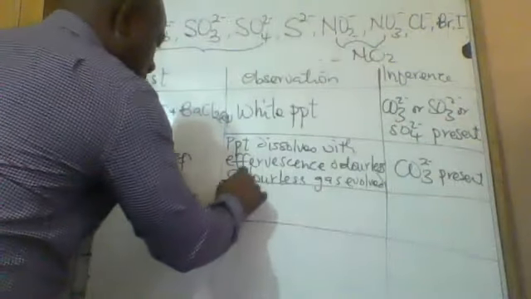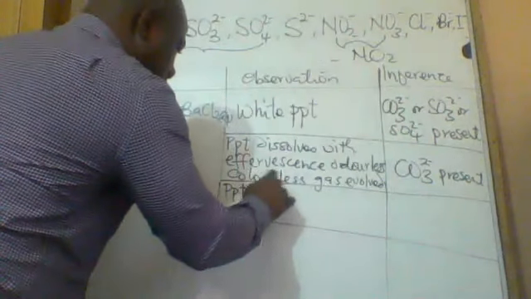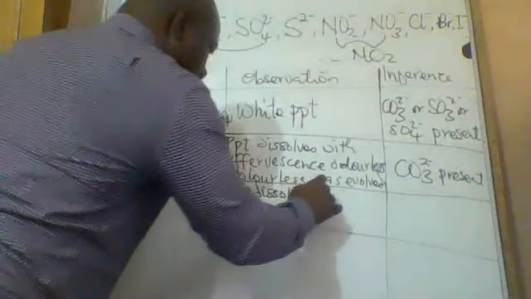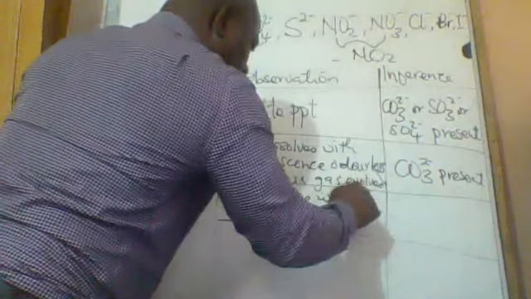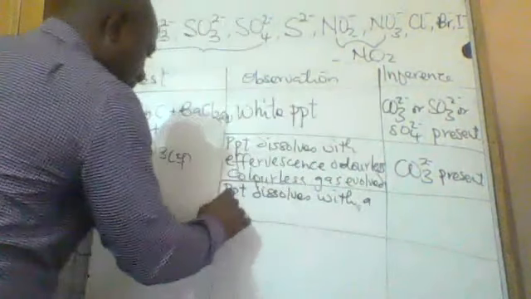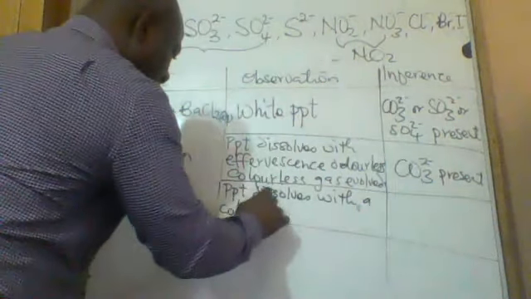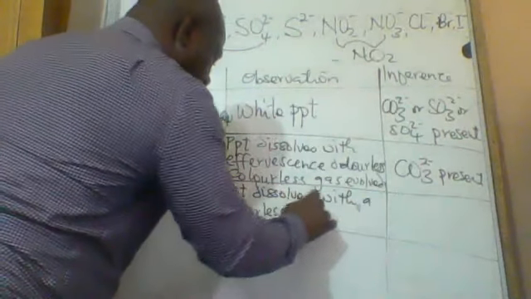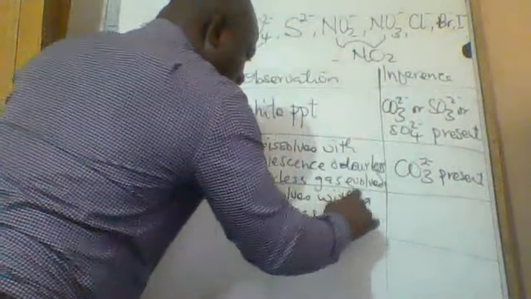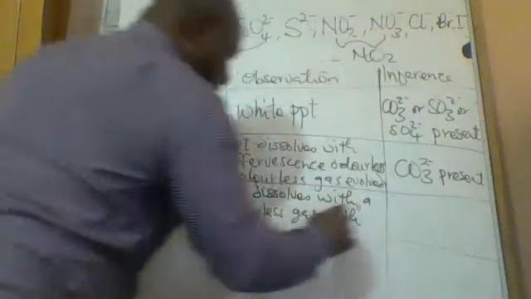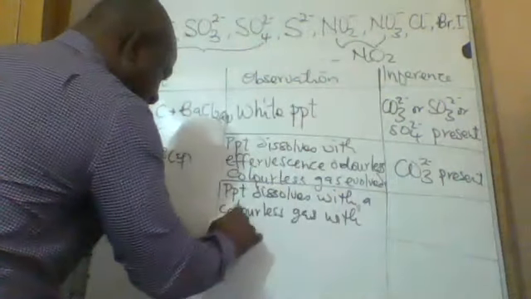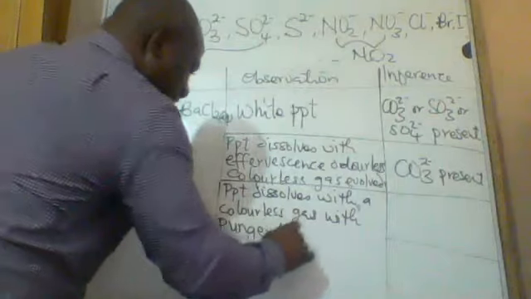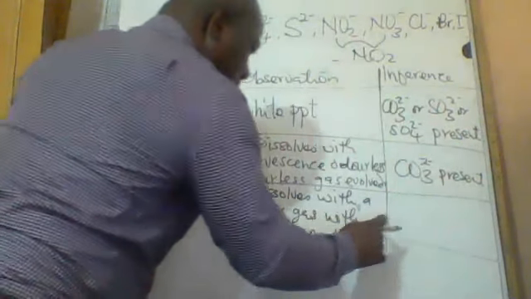If the PPT dissolves with a colorless gas with pungent smell, then which ion will be present?